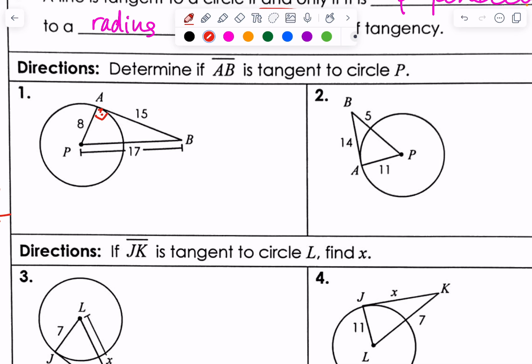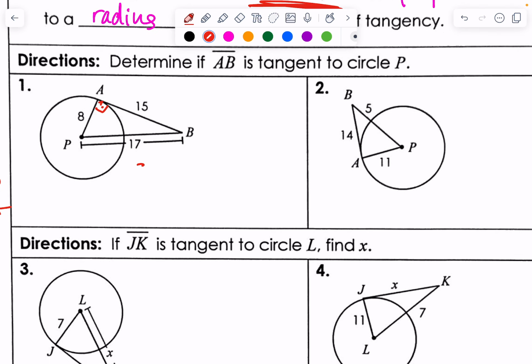So the way we check that is we say, okay, well, if it's perpendicular, 8 squared plus 15 squared will equal, but we don't know yet, 17 squared. So 64 plus 225 equals, and again, we don't know, 289.